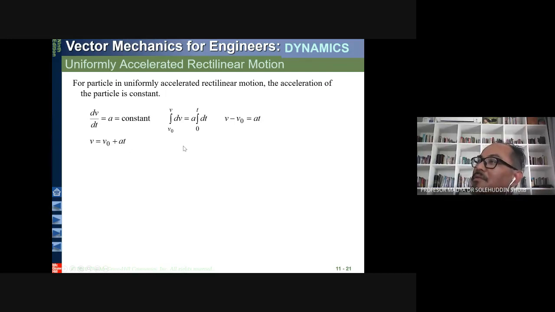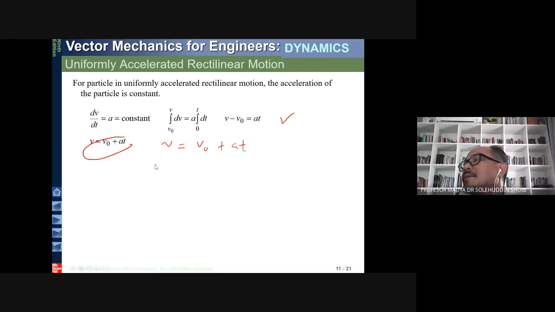This one also you're familiar with. So this line just shows you how to obtain this value.